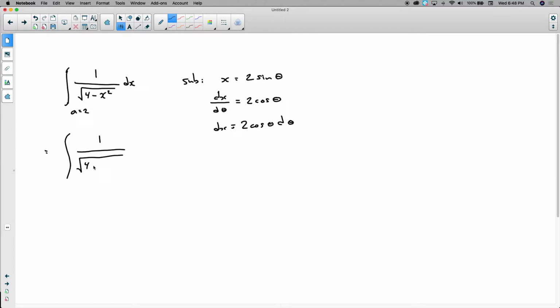I have 4 minus x squared, so that's all of this squared. That makes a 4 sine squared theta and a 2 cosine theta d theta there.